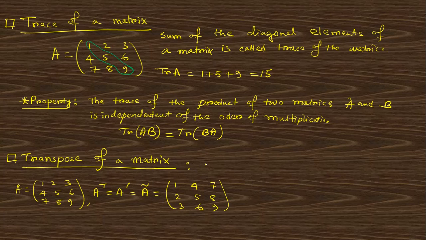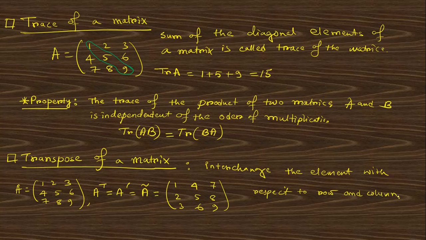So the transpose of a matrix is the interchange of row and column, the interchange of the elements with respect to row and column.